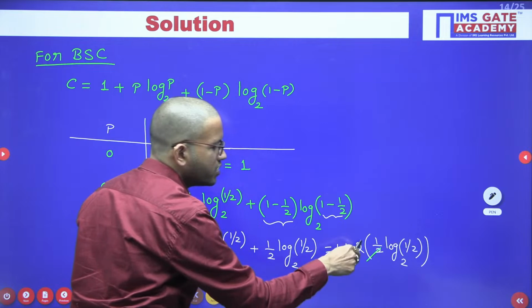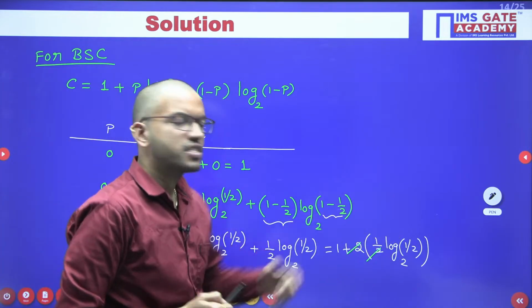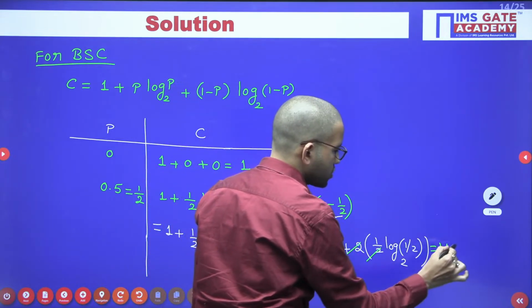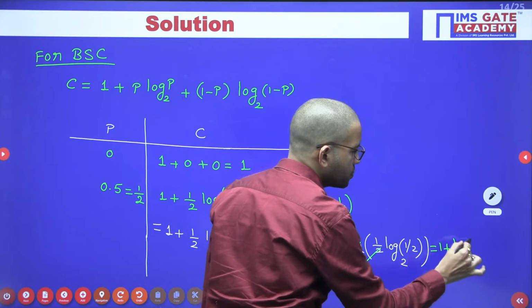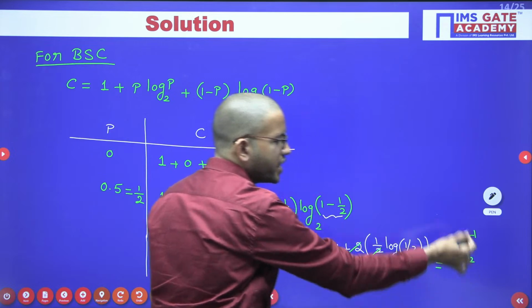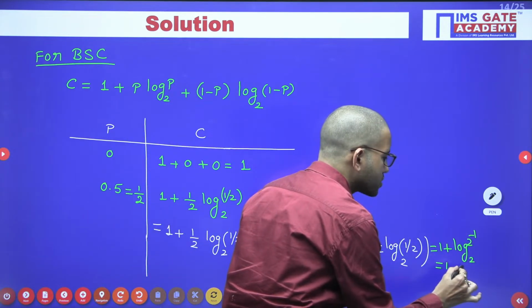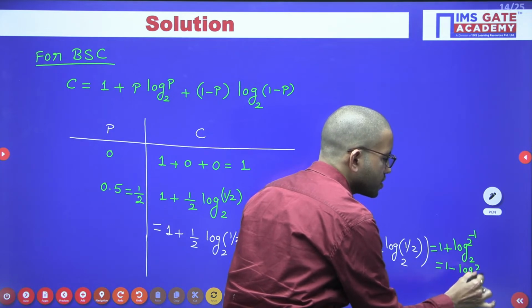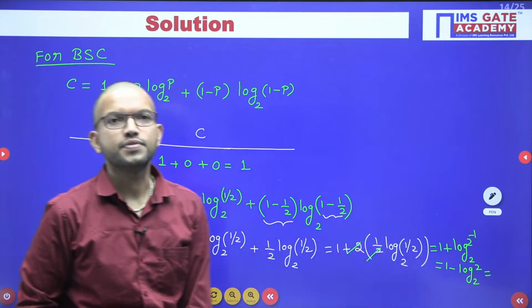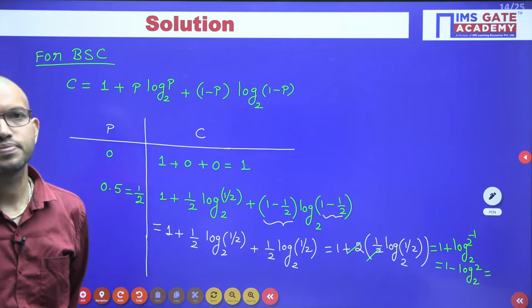So here the 2 will get cancelled. 1 by 2 you can write as 2 power minus 1, so log 2 power minus 1 base 2. So this expression you can write as 1 minus log 2 base 2. Can you guess what is the resultant value you are going to get here? 1 minus log 2 base 2, how much?